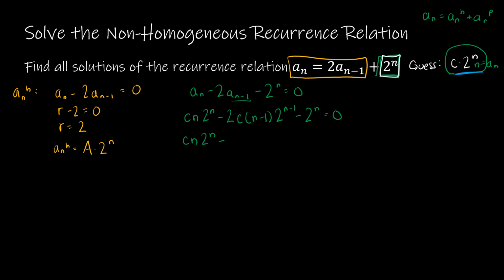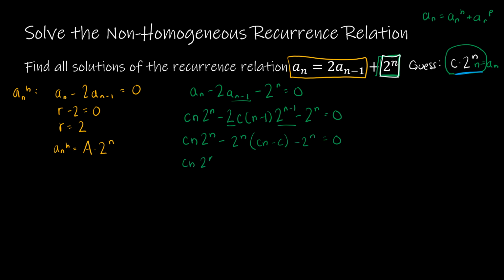My second term, I have minus 2, well, let's just get these 2's together. So here I've got a 2 and a 2 to the n minus 1. So total, that's 2 to the n. And then I have times Cn minus C, and then minus 2 to the n.